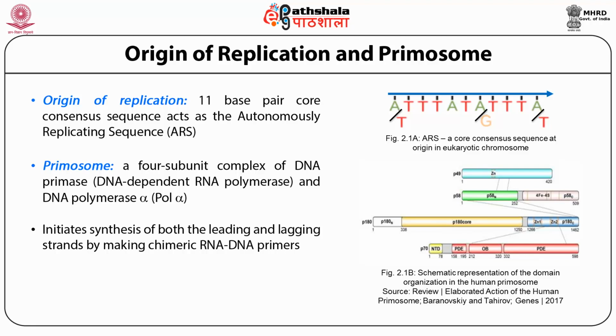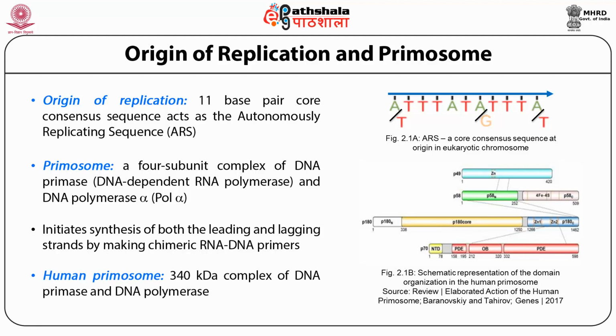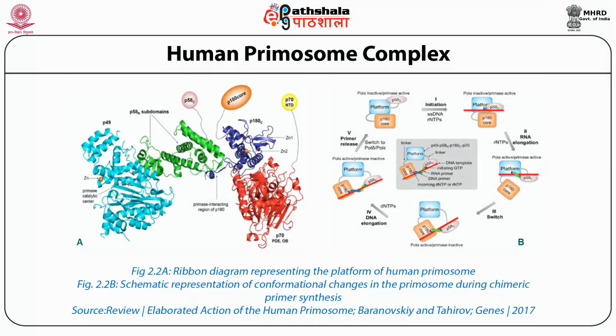It's interesting to note that human primosome is a 340 kilodalton complex of DNA primase and DNA polymerase. The eukaryotic primosome complex happens to be a highly complicated and highly regulated assembly of proteins.